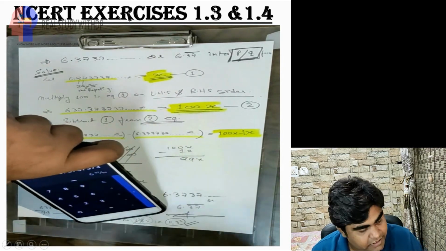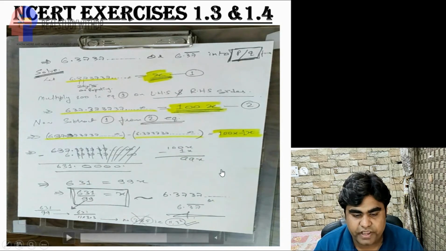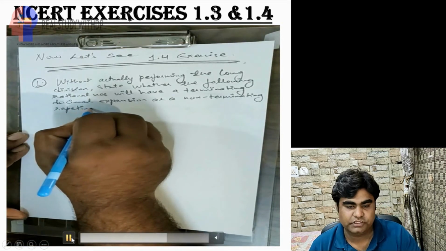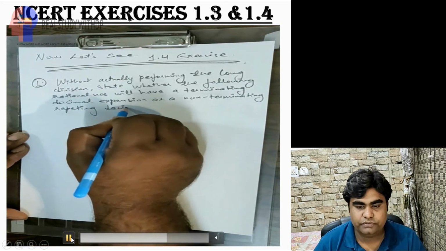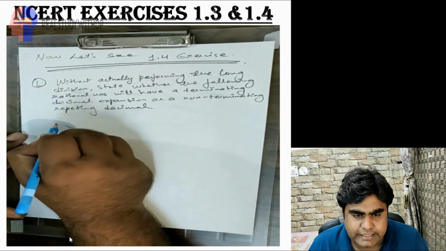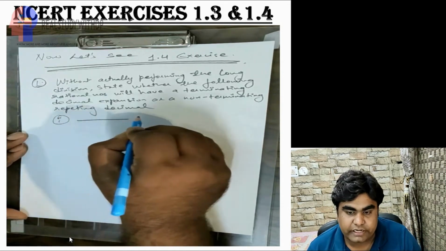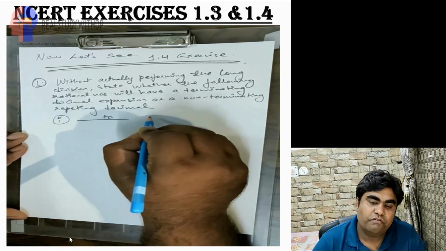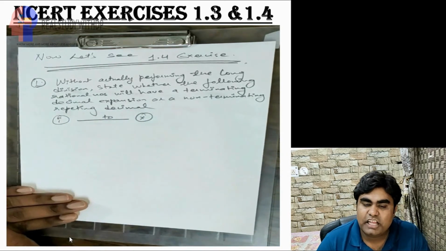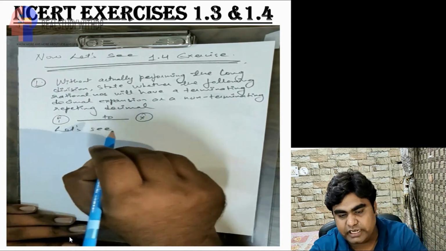All right. So moving on. So now we are going to see exercise 1.4 and the first question. So what the first question is stating? It states that without actually performing the long division, state whether the following rational number will have a terminating decimal expansion or a non-terminating decimal expansion.